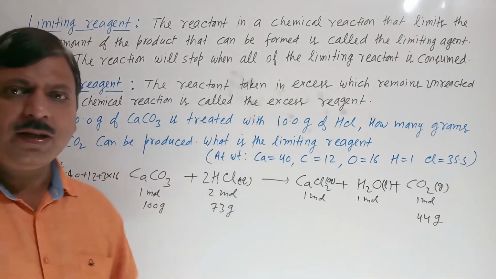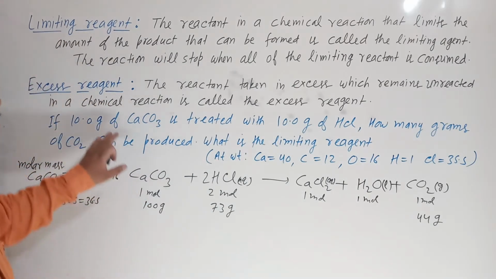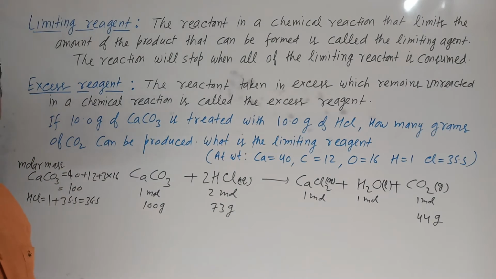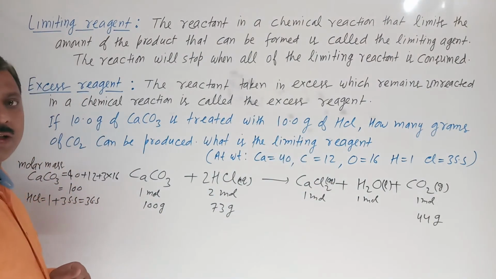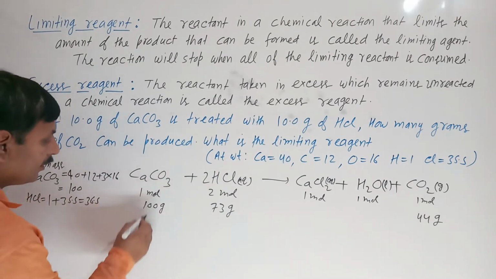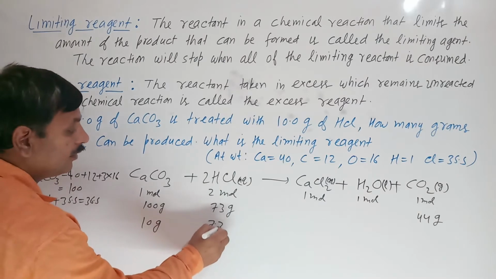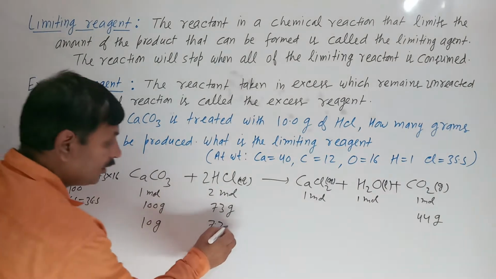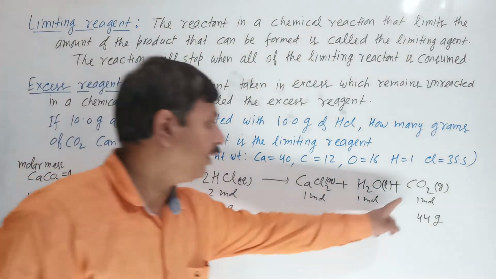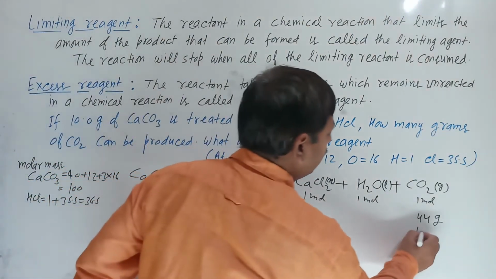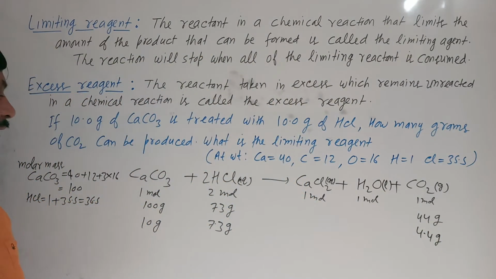So who will be the limiting reagent? Firstly, see, 10 gram of calcium carbonate. If I am converting to 10 gram, divide the full equation by 10. What happened? Divided by 10, so 10 gram will react with 7.3 gram of HCl, hydrogen chloride, and they will form 4.4 gram of carbon dioxide.